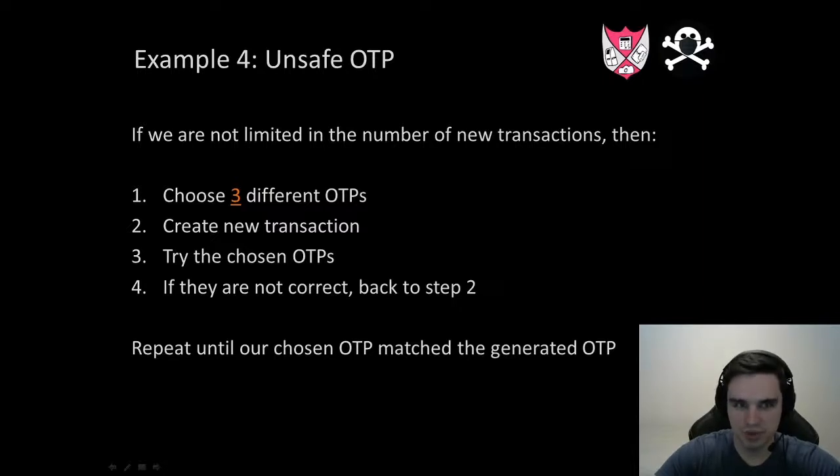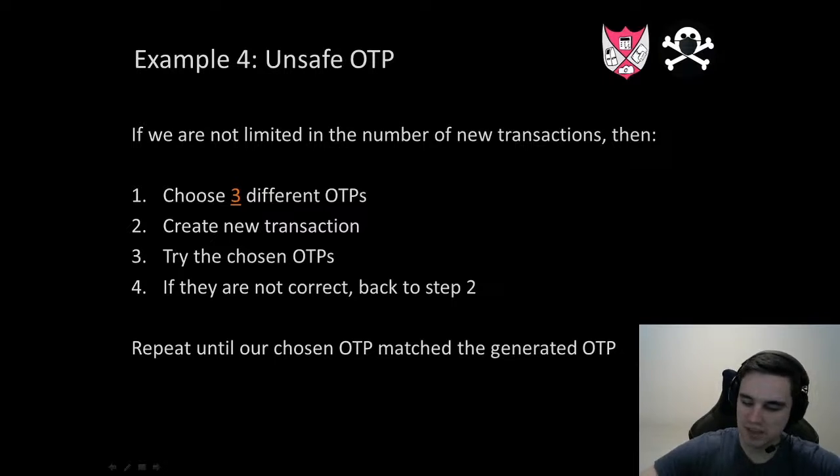These should be potential correct OTPs: 1, 2, 3, 4, 5, 5, 5, 5, 6, 6, 6, 6. After that we create a new transaction and try entering a chosen OTP. If it isn't correct, go back to step 2 and create a new transaction. But every transaction regenerates the OTP, so we can just brute force it.